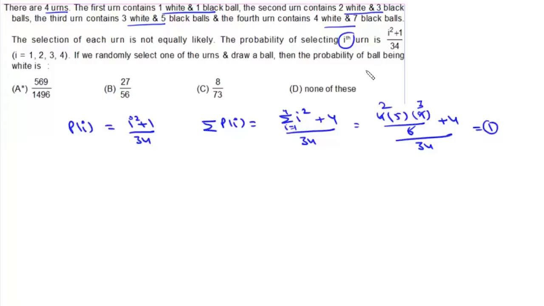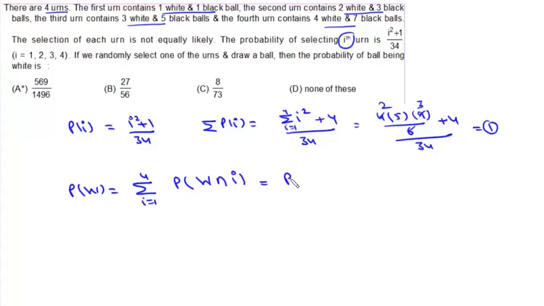Now once we have chosen any urn, we need to find the probability of the ball being white. Now the probability of the ball being white is the summation of the probability of the ball being white and having been chosen from the ith urn, where i varies from 1 to 4.